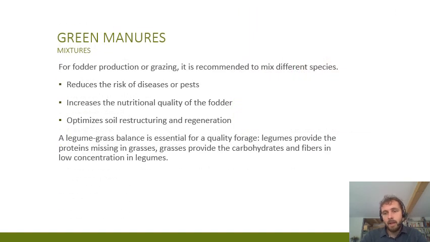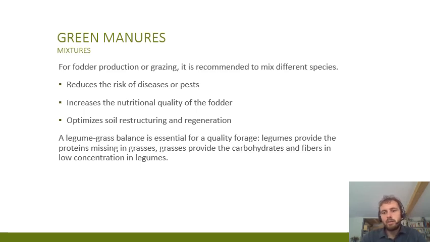Okay, and then in the green manure, of course, you don't have to sow a monoculture. You can mix the crops, and it's really interesting to mix different crops of legumes and grasses. First of all, you will reduce the risk of disease or pests because you have a lot more diversity, discontinuity of resource. If one green manure crop is killed by a pest, you will have all the other ones, so it's really interesting to mix them.